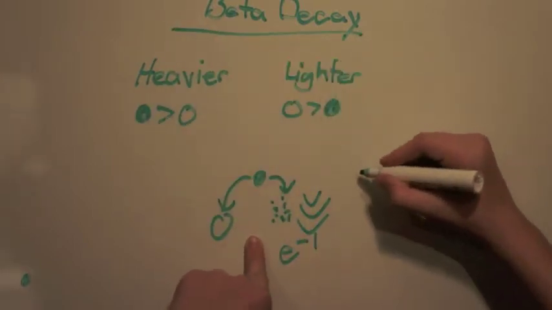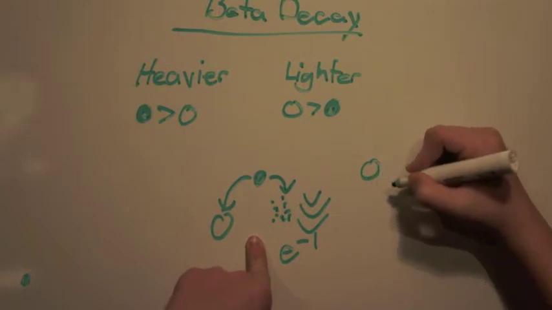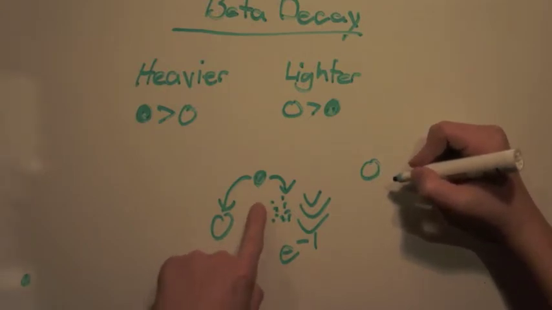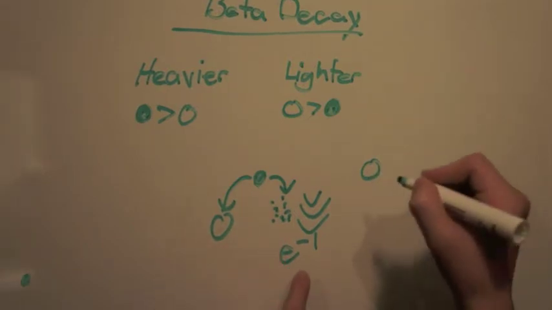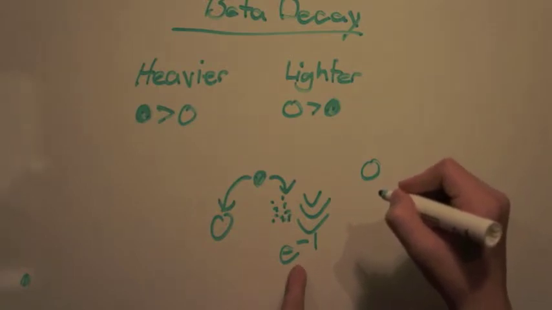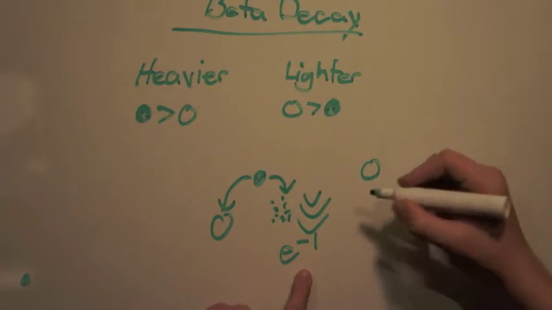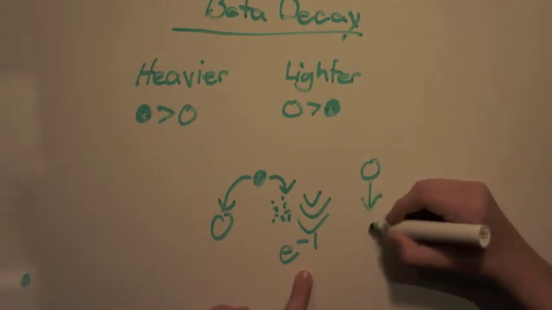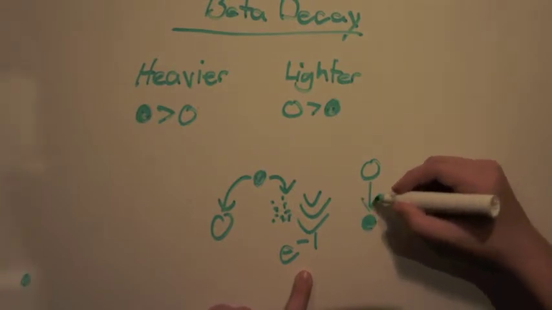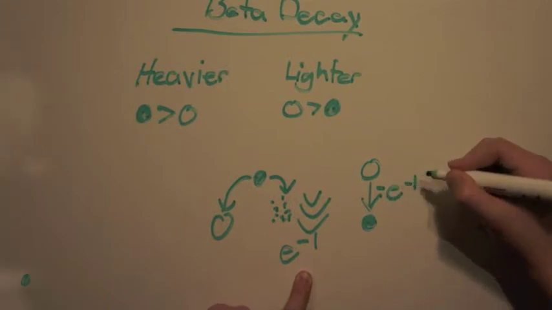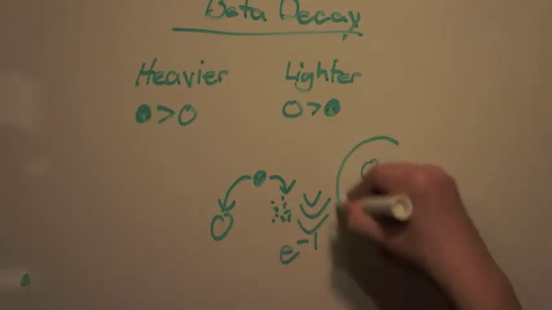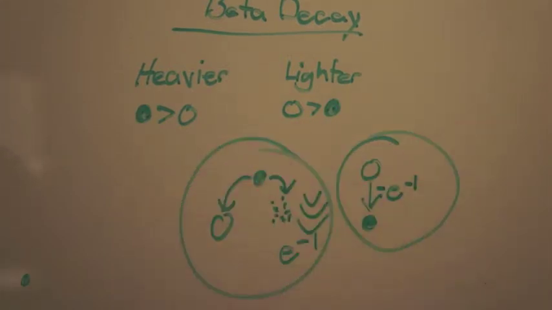Say if you have a proton here, it goes through the same process, except it actually eliminates one of the electrons away from the atom, and it gets turned into a neutron. That's beta decay.